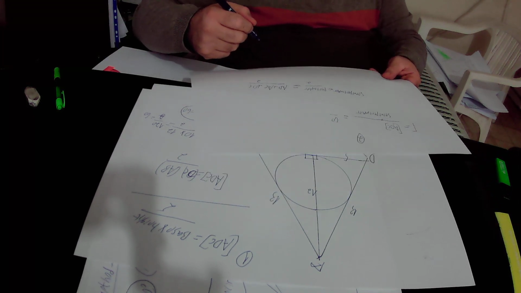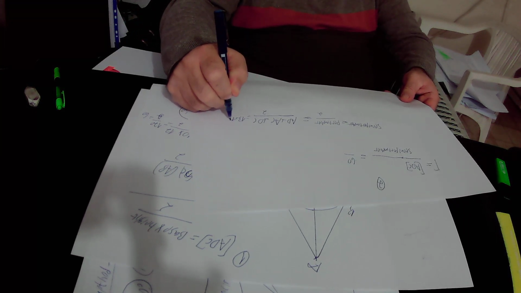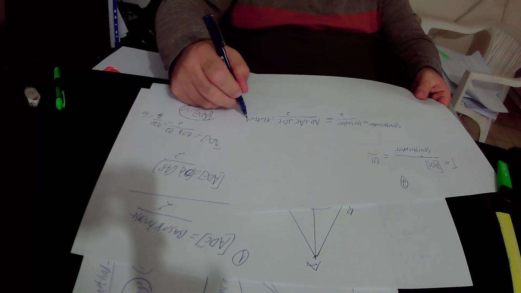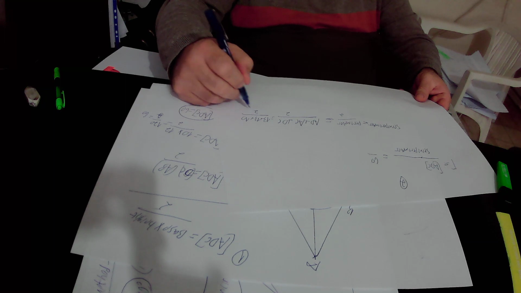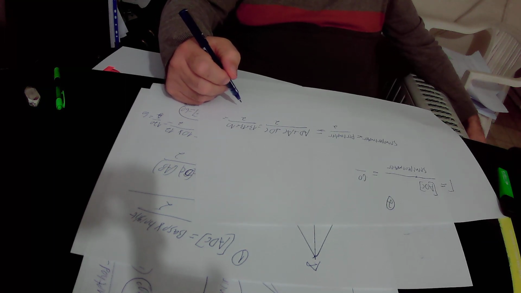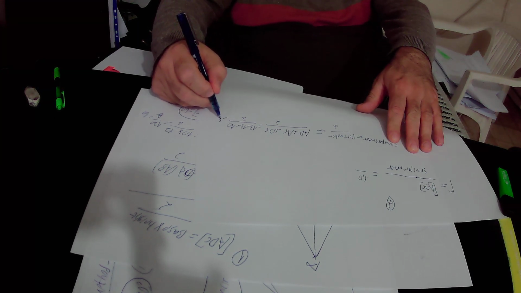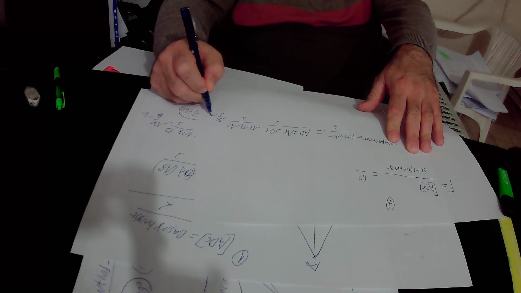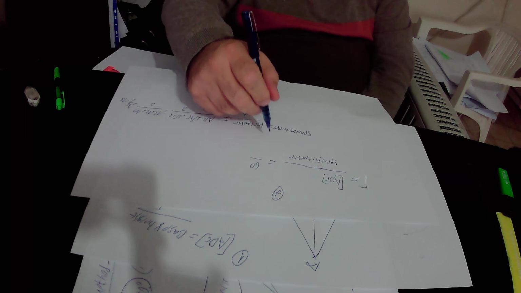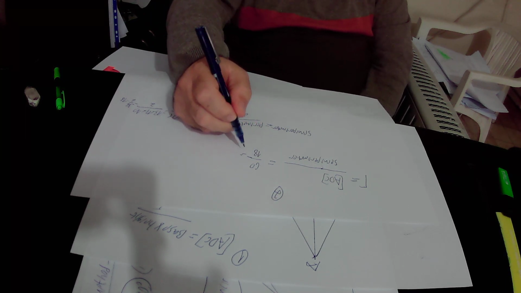AD plus AC is 13 plus 13, plus DC is 10, over 2. So 13 plus 13 is 26, 26 plus 10 is 36, 36 over 2 is 18. So the semi-perimeter of triangle ADC equals 18 units, and we have 60 over 18.